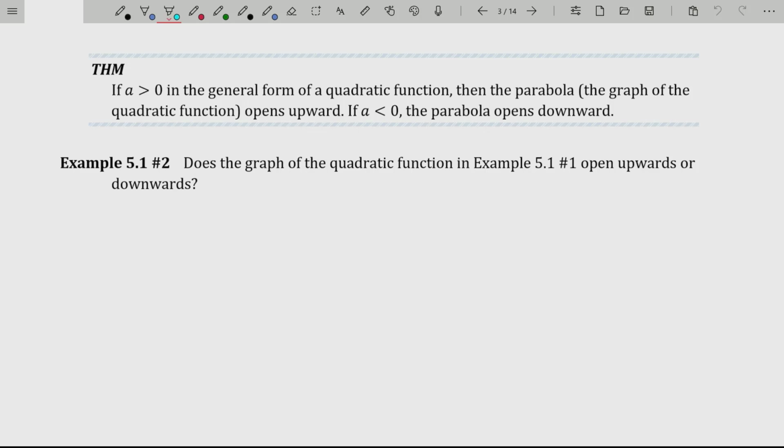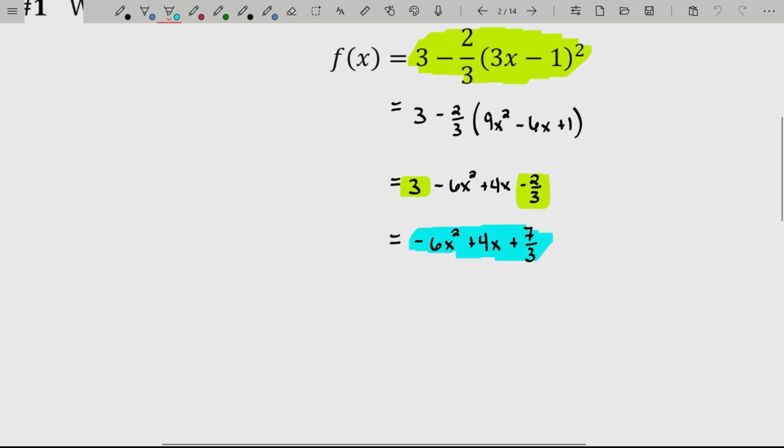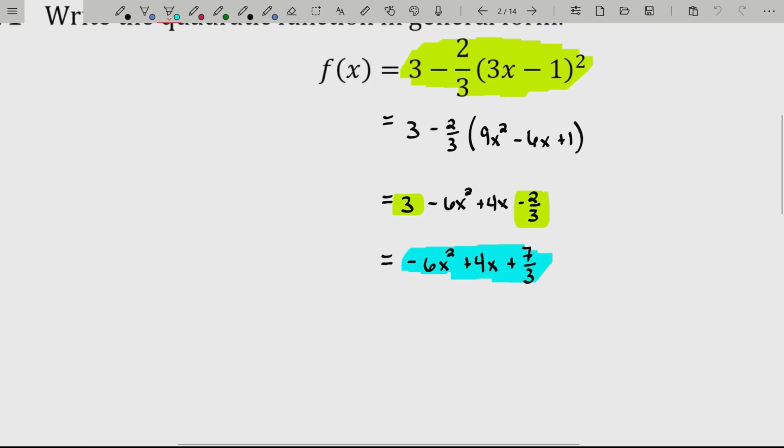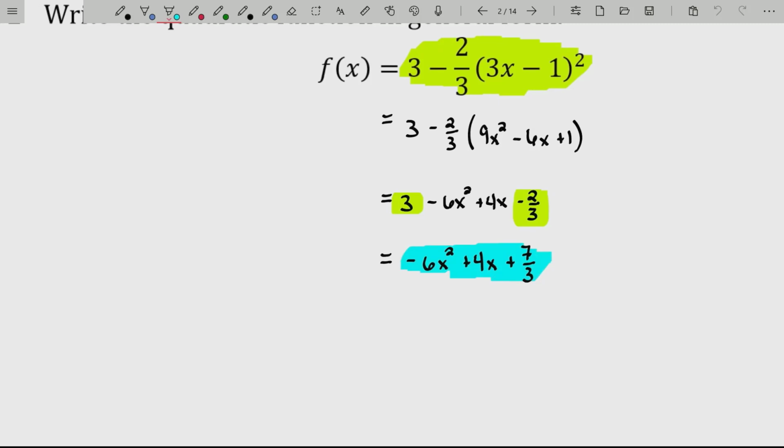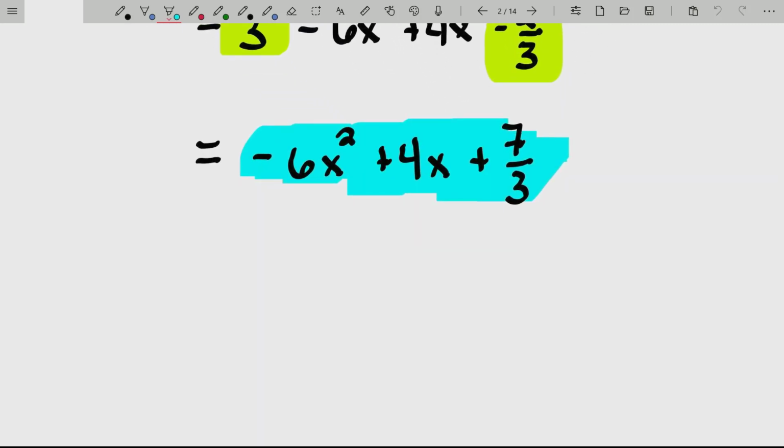The question here is, does the graph of the quadratic function in our previous example open upwards or downwards? If we hop back, you can see that our quadratic function has a lead coefficient, the A value here, and I probably shouldn't use red, I should use green. The value of A here is less than 0.